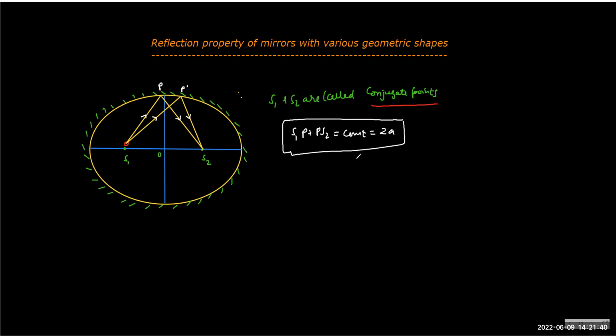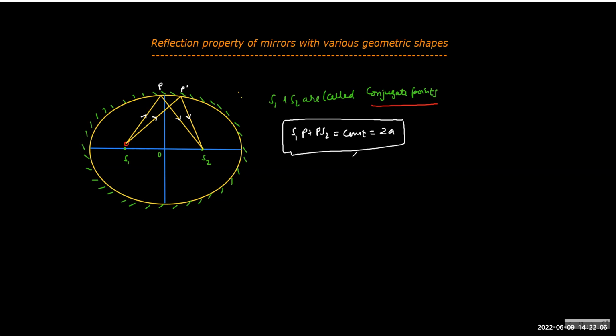So if you want to go from S1 to S2, touching the surface, no matter which point on the surface you touch, all will give you the same distance. So light takes the same time to travel. What I'm trying to explain is that in the case of an elliptical mirror, an object kept at S1 will form the image at S2 and vice versa.